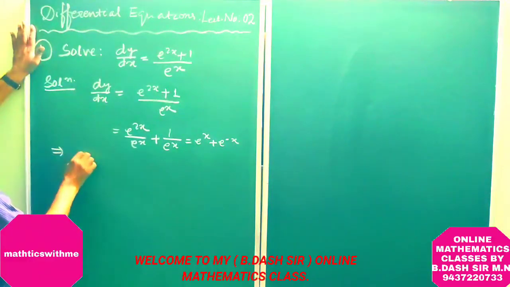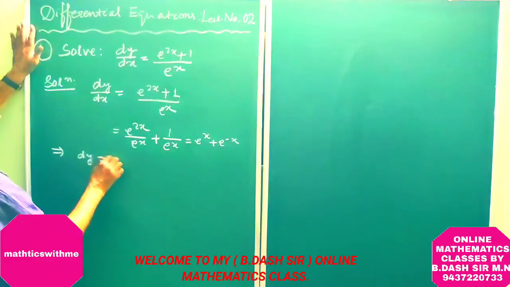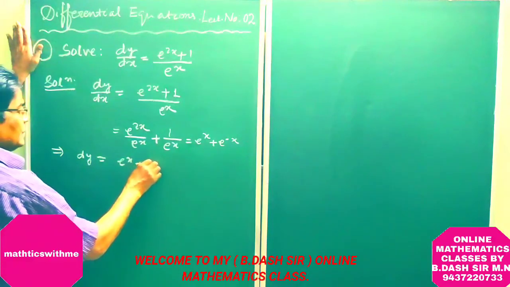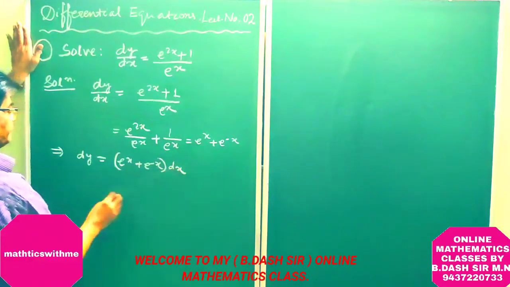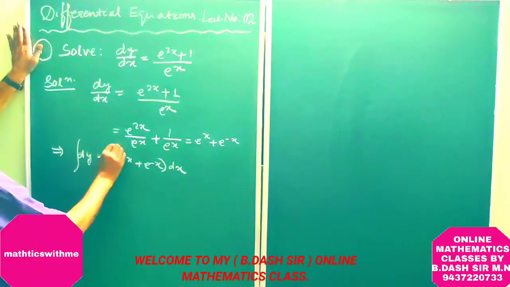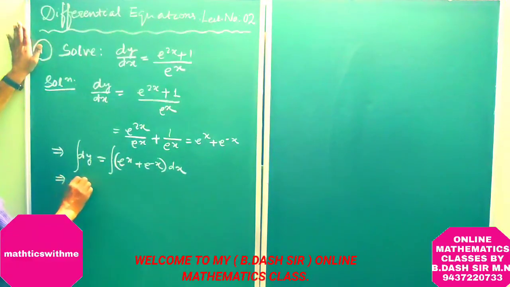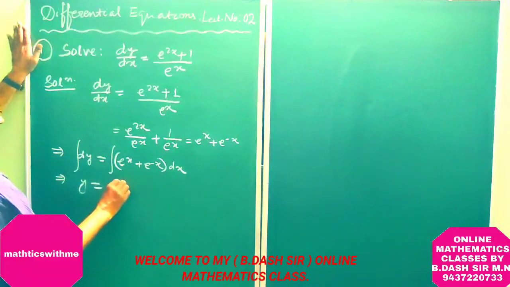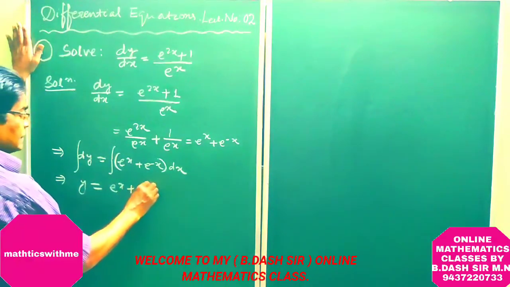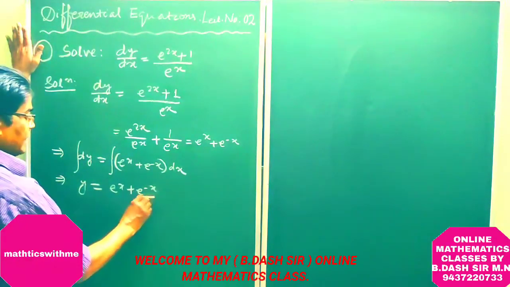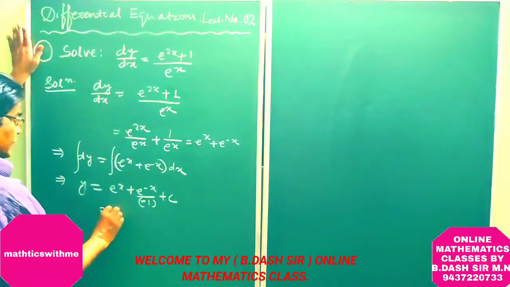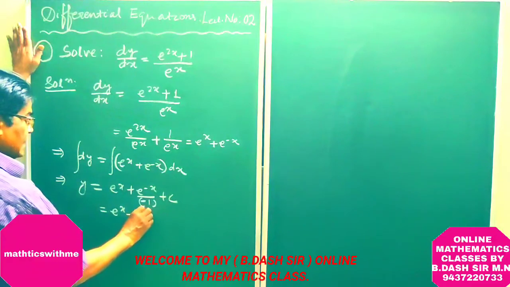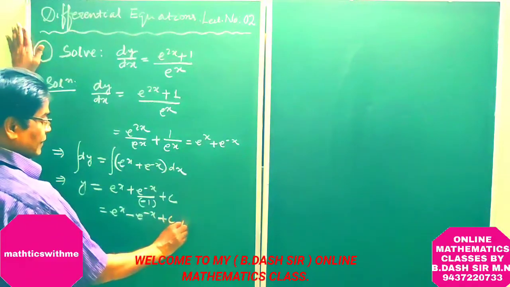So this implies dy is equal to (e to the power x plus e to the power minus x) dx. Now integrating both sides, we get y is equal to e to the power x plus e to the power minus x by minus 1 plus c, which is equal to e to the power x minus e to the power minus x plus c.